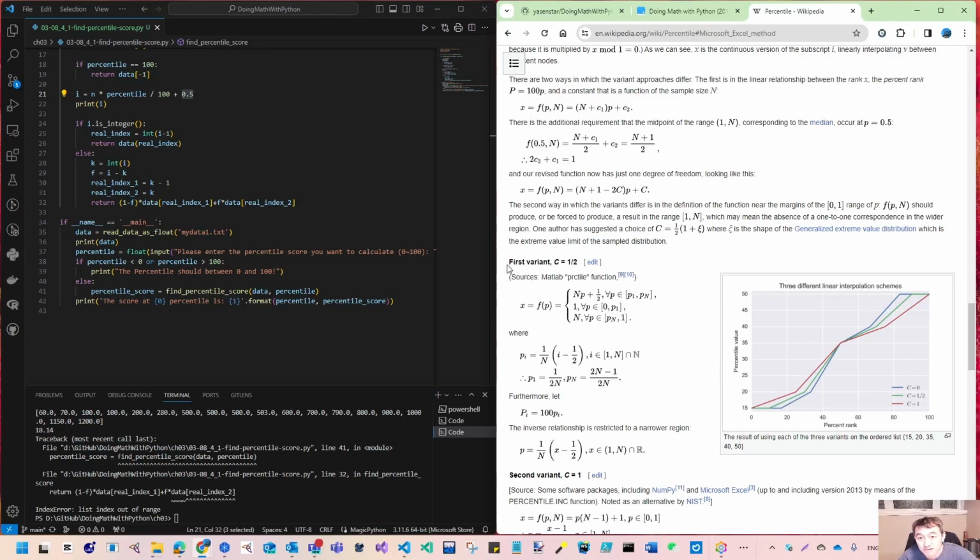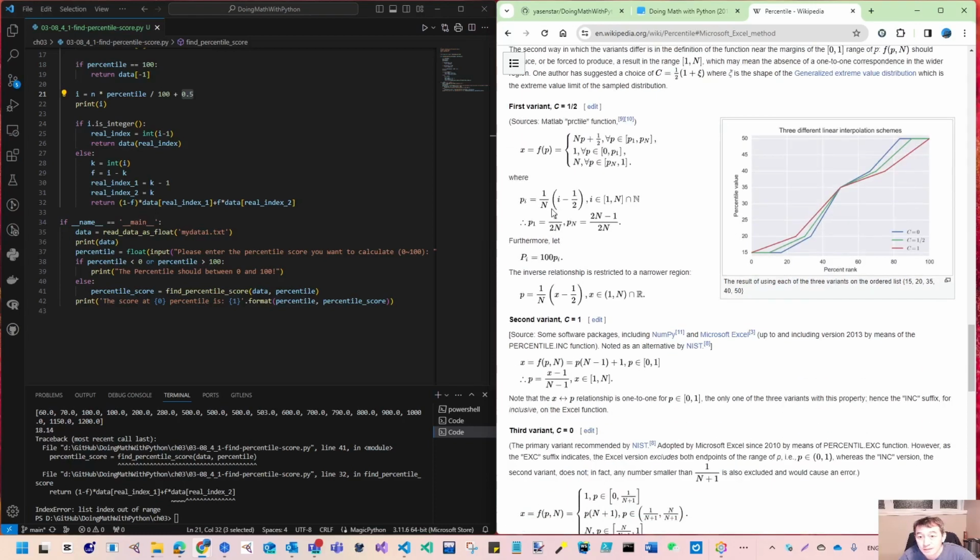We have used this first variant, n times p plus 0.5. We will now use this Microsoft Excel way, which is also what NumPy uses. This second way can prevent the overflow.